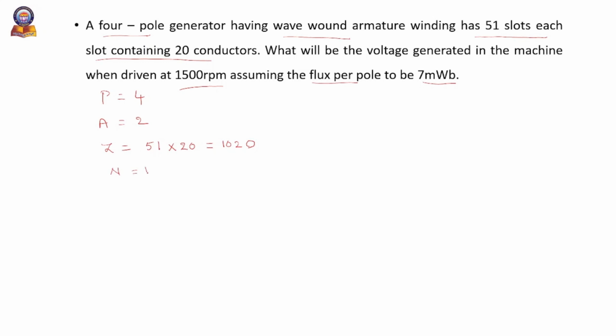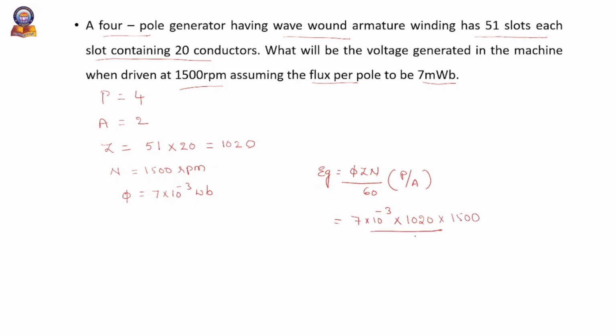Speed is 1500 rpm, flux 7 milliwebers. So Eg is equal to psi Z N by 60 into P by A. Your flux is 7 into 10 to the power of minus 3. Z is 1020 multiplied with 1500 by 60 into P is 4, A is 2. You are going to get it as 357 volts.